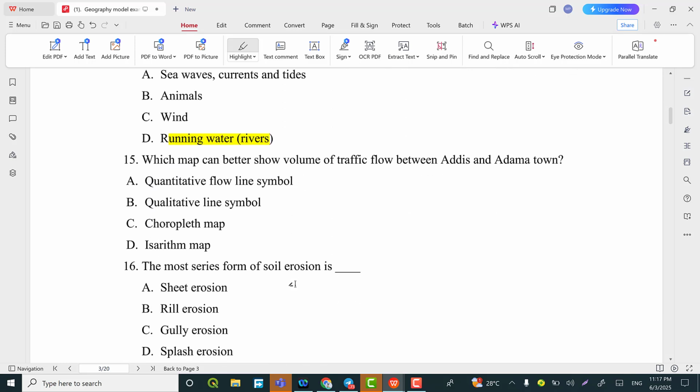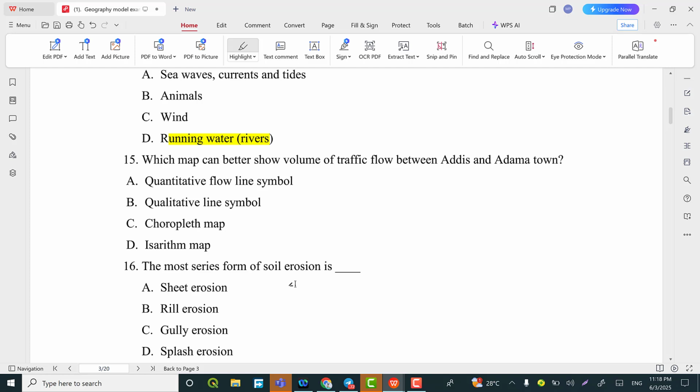Question number 15. Which map can better show volume of traffic flow between Addis Ababa and Adama town? As you know, there are different maps that help us depict traffic flow and any quantitative and qualitative information. Suppose you are a cartographer or GIS expert, and you are asked to draw the traffic flow between Addis Ababa and Adama, or Addis Ababa and Debre Birhan, or anywhere else.